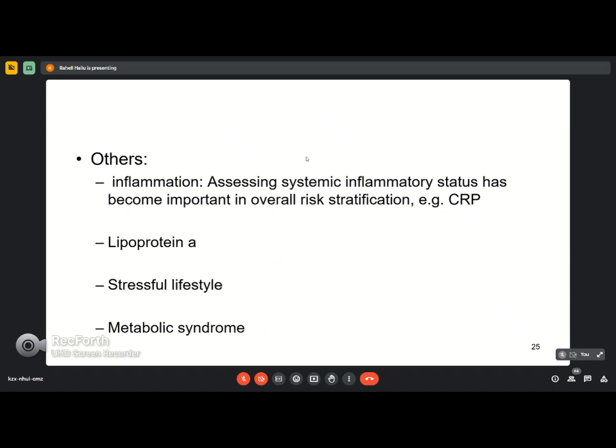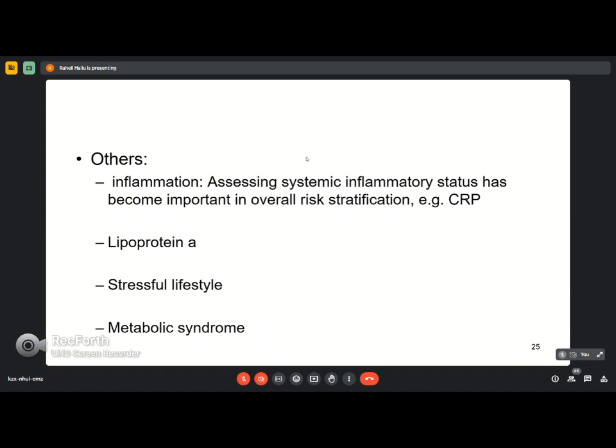Other than this, we can consider inflammation as a risk factor for atherosclerosis, associated with, again, chronic endothelial injury. But inflammation more or less predicts the risk of further complications of atherosclerosis.